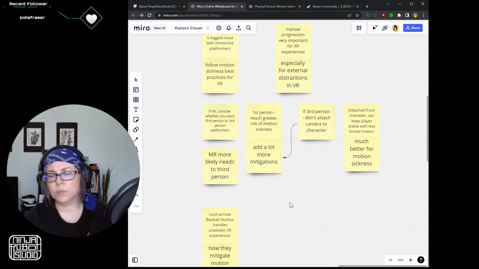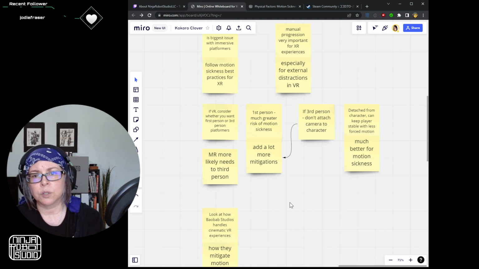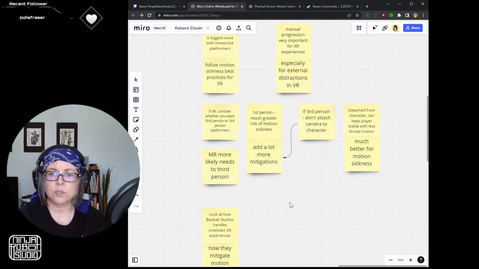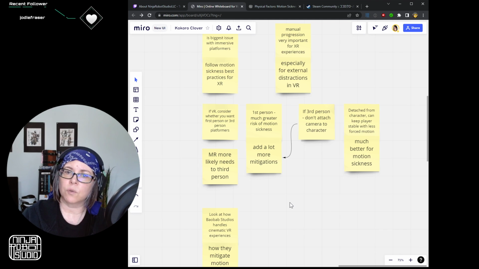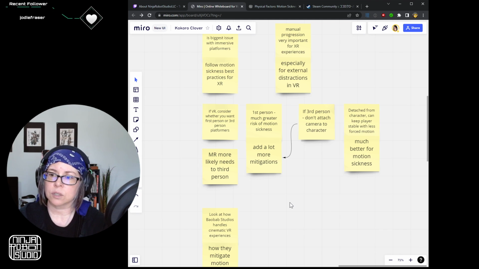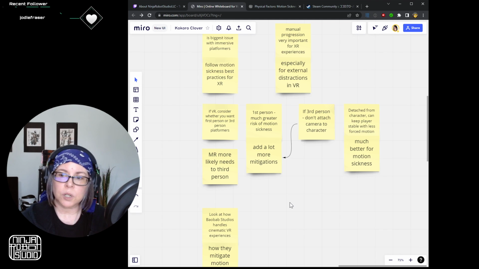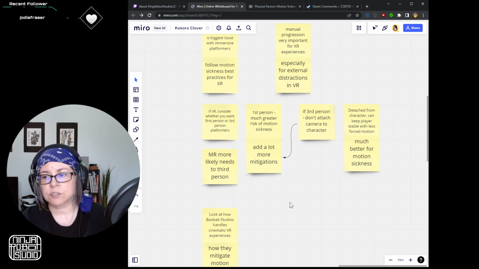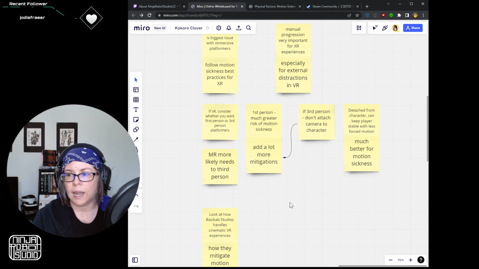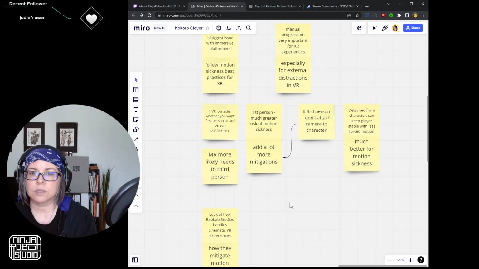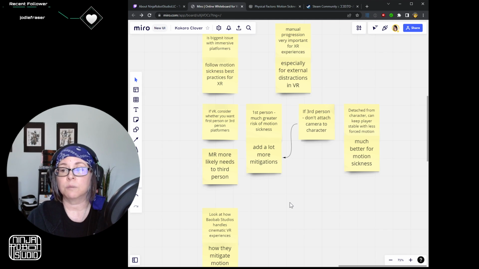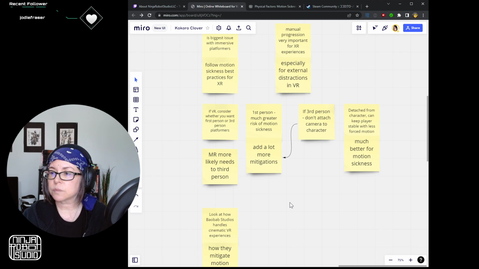And that artificial motion, that disconnect between you moving in the real world versus you moving in the physical world, is what makes people sick. That disconnect in motion, whereas what you're seeing versus what you're feeling. So if you're doing it in third person, don't attach the camera to the character. And we have some examples of VR games that do a very good job of this in the platformers that we're going to be playing.